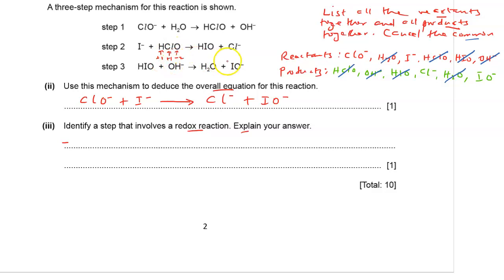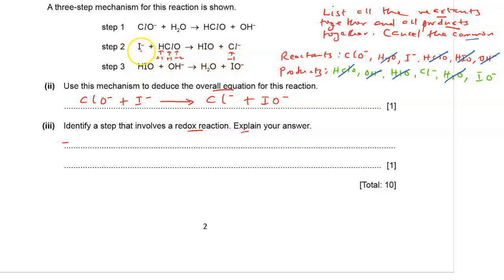So the chlorine changes from +1 to -1. Changing from plus to minus means chlorine has gained electrons, gained 2 electrons actually.